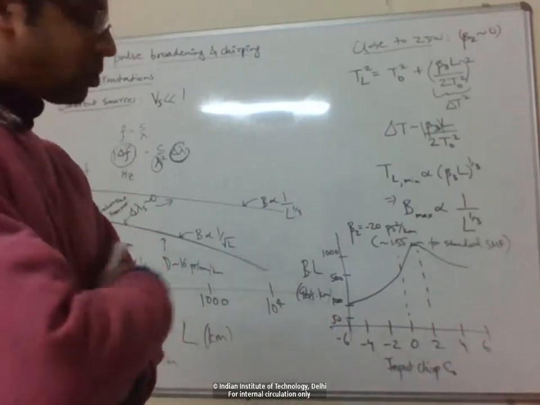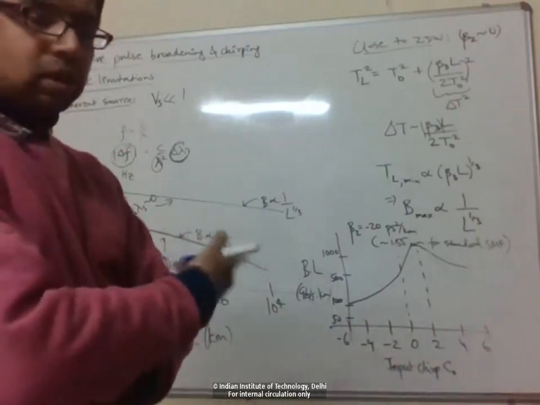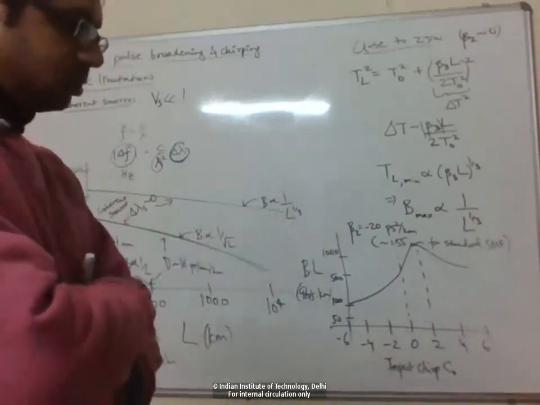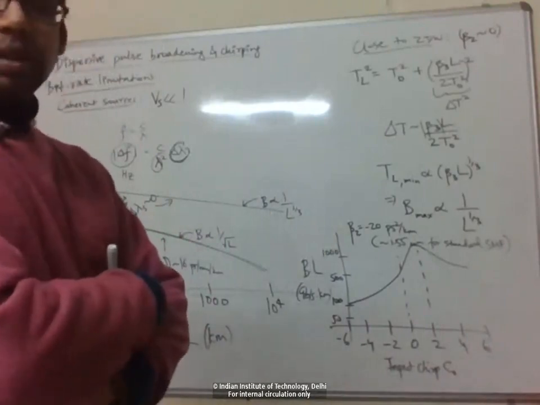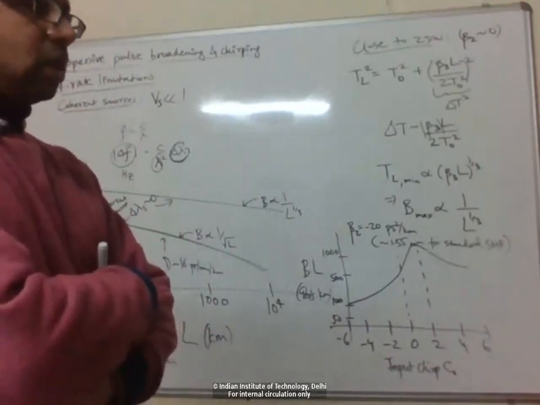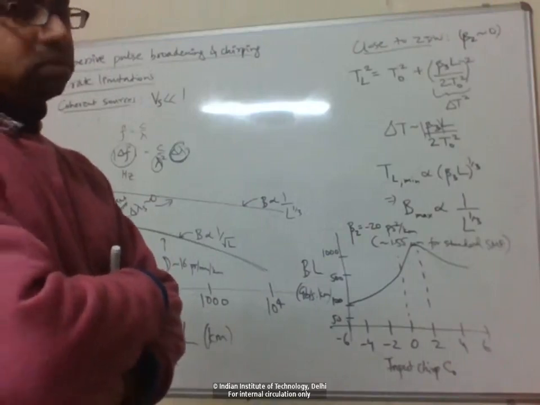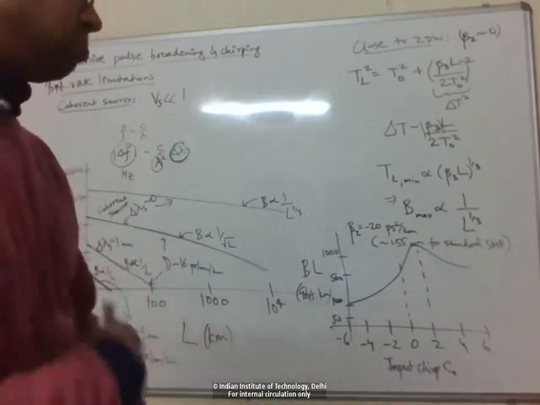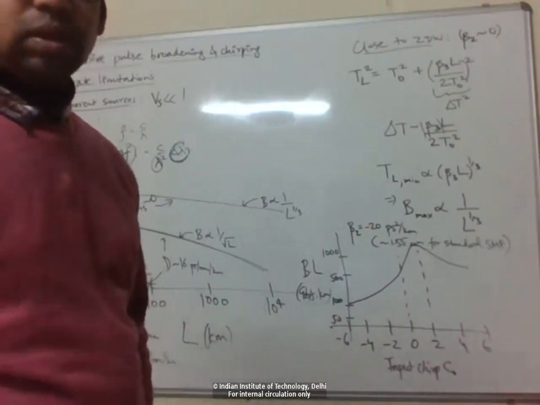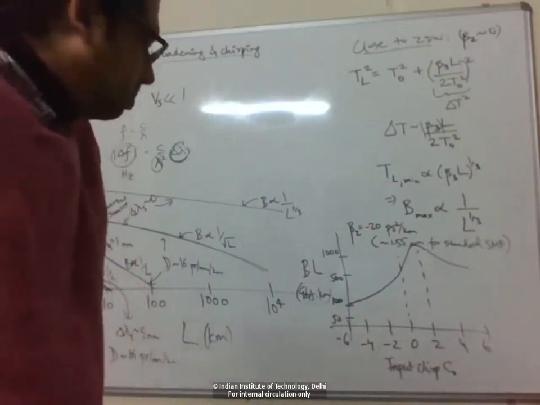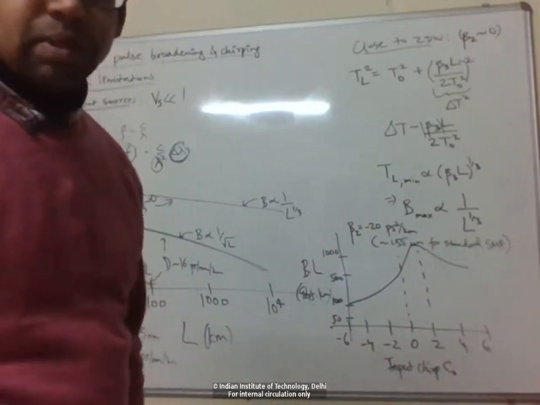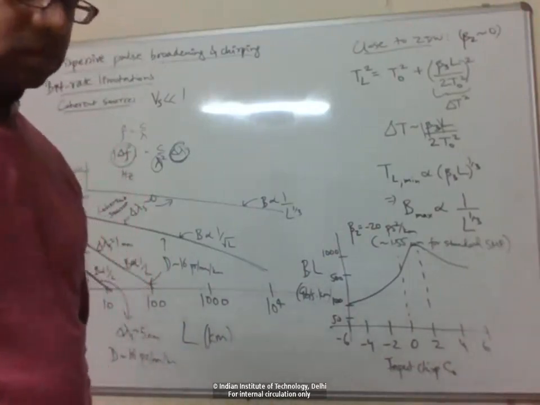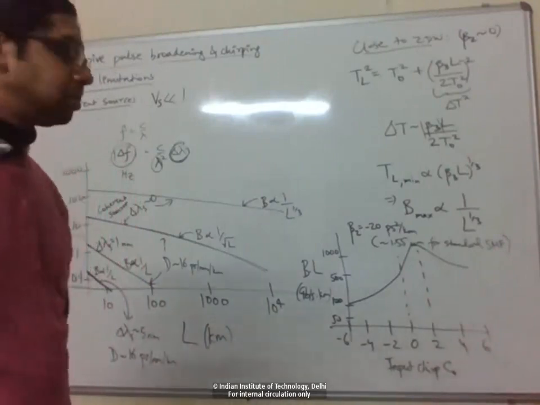Line width is more used for optical things. Spectral width is sort of a general term. But all of them ultimately, fundamentally mean the same thing. Okay, thank you, sir.